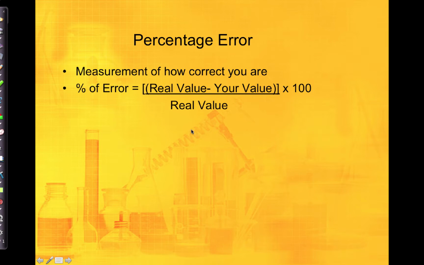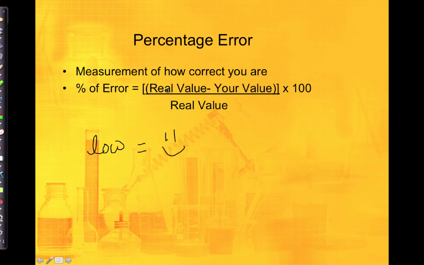Okay, so you are going to be taking percentage of error a lot in this class, and basically it just tells you how correct you are. If you have a very low percentage, you are a rock star chemistry student. If your percentage of error is low, it's good.